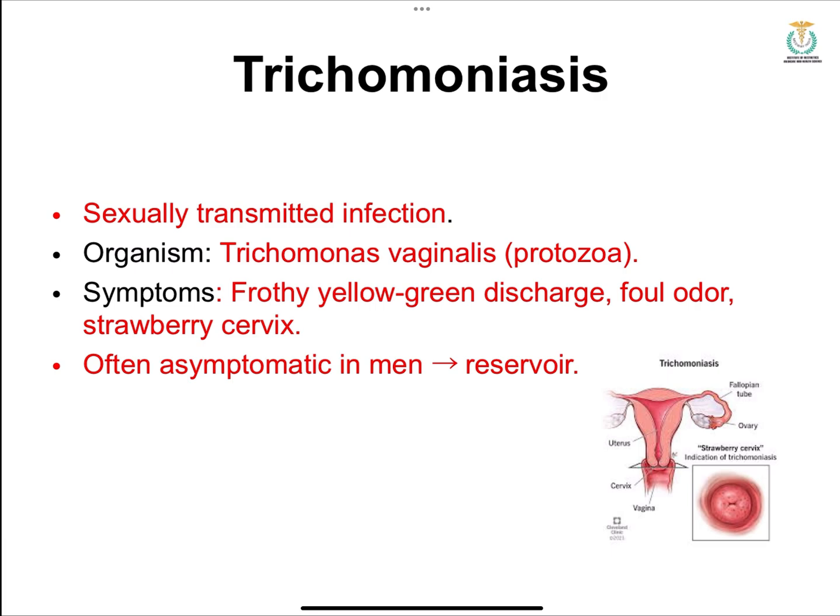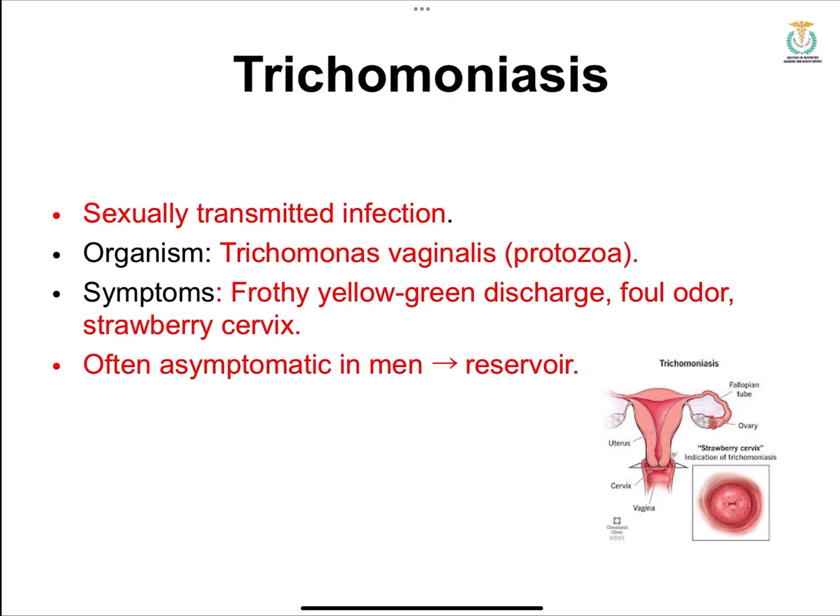You can see how the cervix looks, with some dots like strawberry skin. That is what we call a strawberry cervix. It is often asymptomatic in men, who are the reservoir.